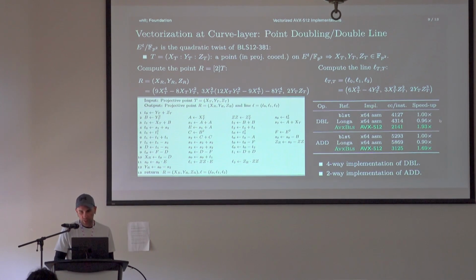And for the doubling process, we got a speedup of 1.93 compared to BLAST, while in the case of point addition and addition line, we got a speedup of 1.69. The difference is that in the case of addition, we were only able to do a 2-way parallelization, not 4-way.